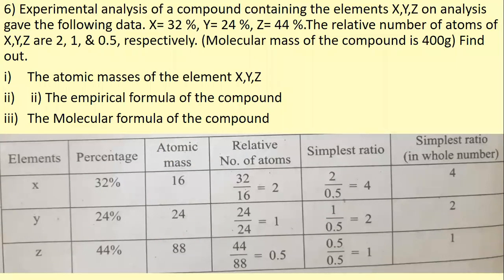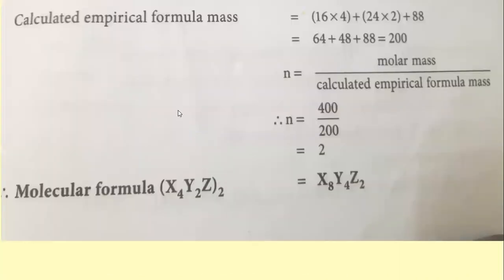So now in the second step, the empirical formula, that also we completed. So now we have to calculate the molecular formula of the compound. See here, we calculated the empirical formula mass, which is simply 16 into 4.